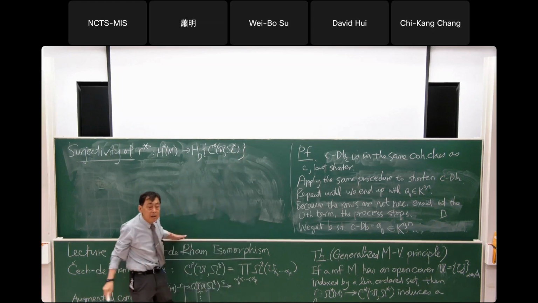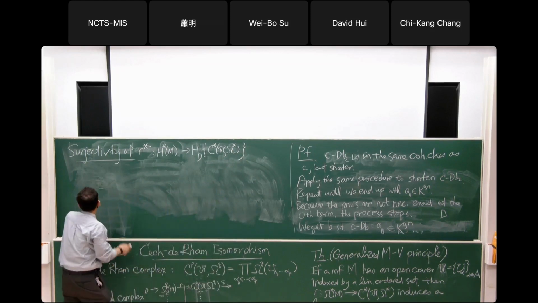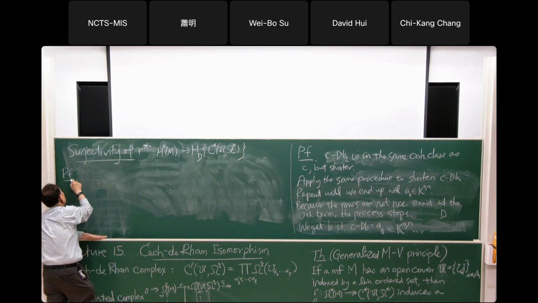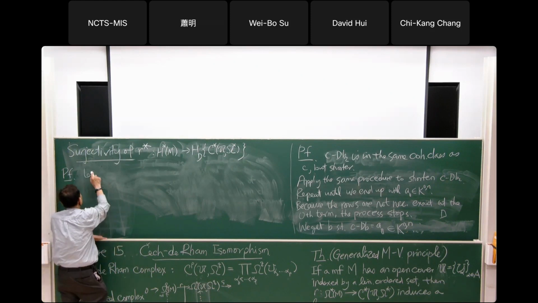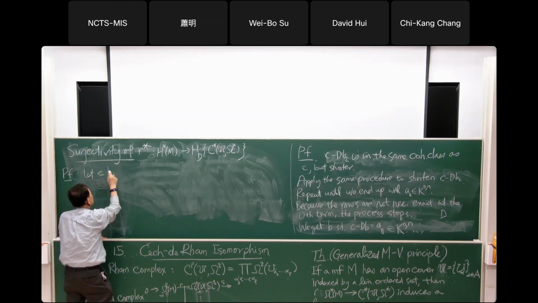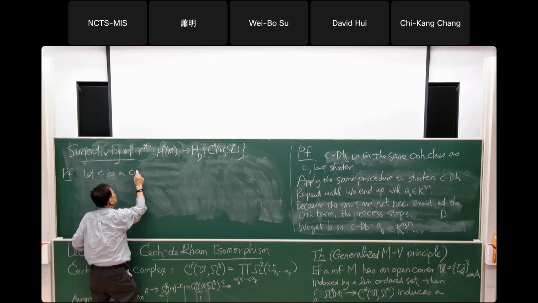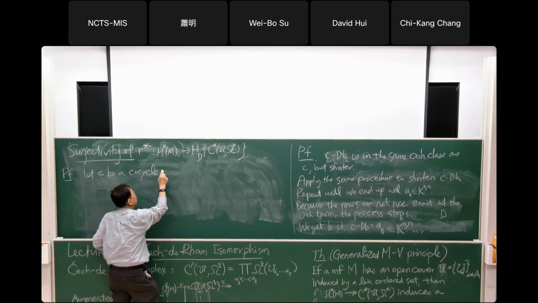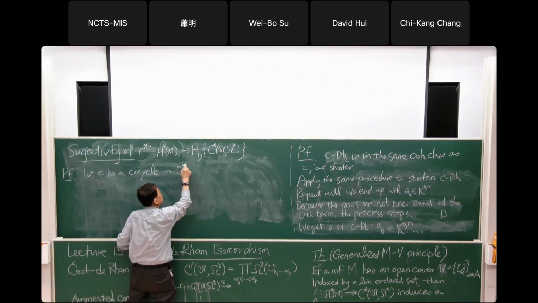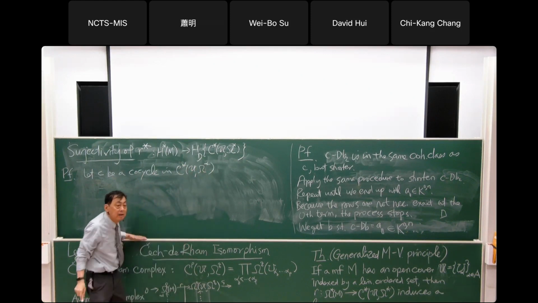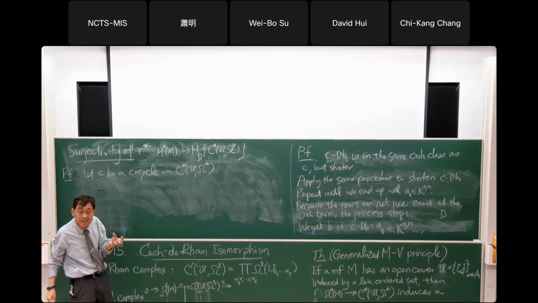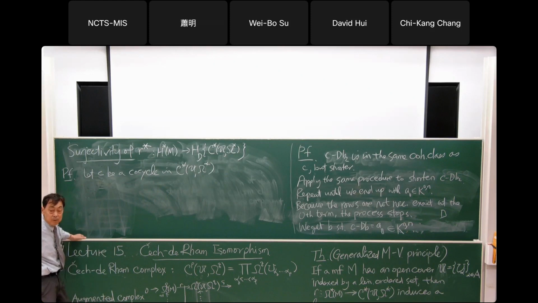Okay, so you start with the cocycle. Let C be a cocycle in the double complex. By the shortening lemma, you can assume that it has only that top component.